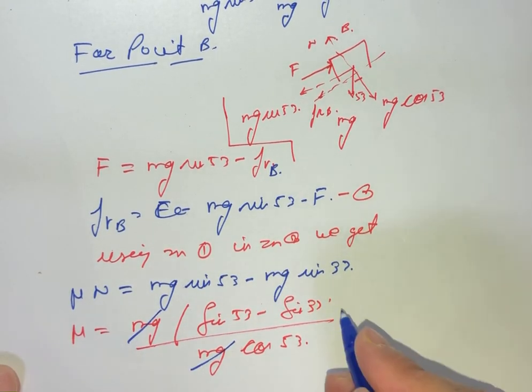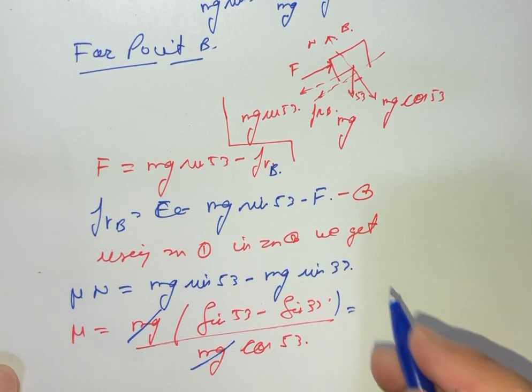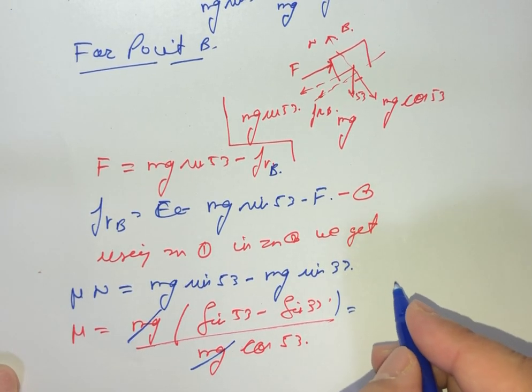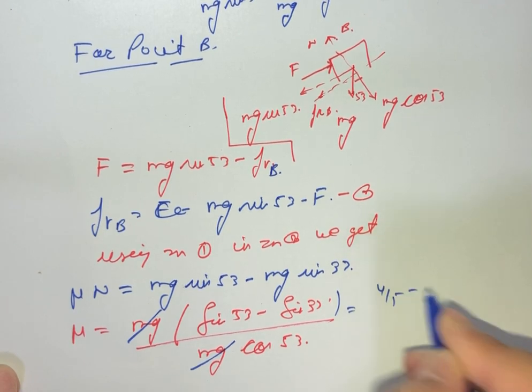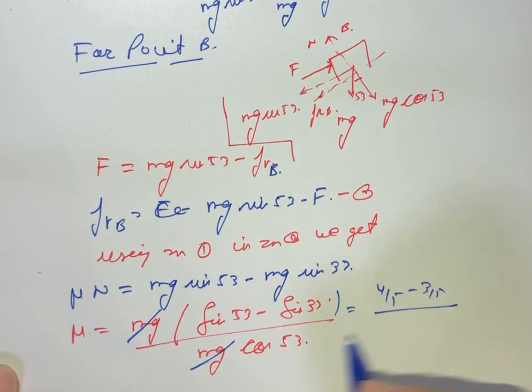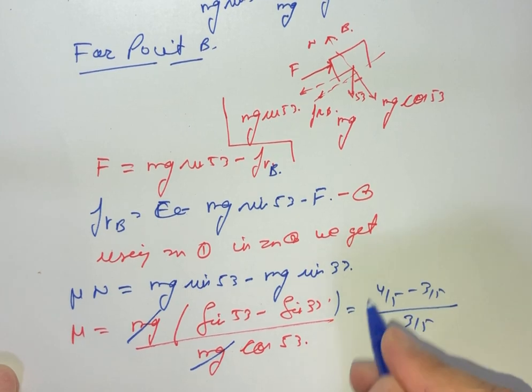mg cancels out and we have sine of 53 is 4 by 5, sine of 37 is 3 by 5, and cos of 53 is, I think, 3 by 5.